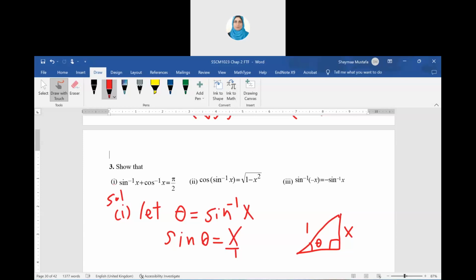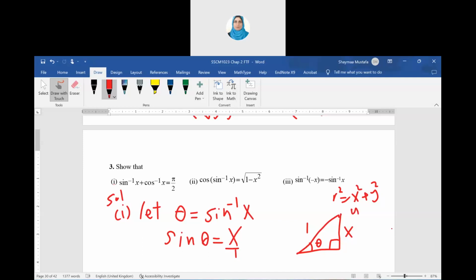Now by using the relation that r squared is equal to x squared plus y squared, for any right triangle, the hypotenuse squared is equal to the adjacent squared plus the opposite squared.